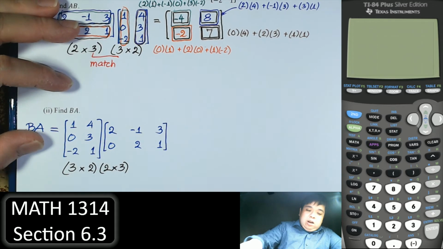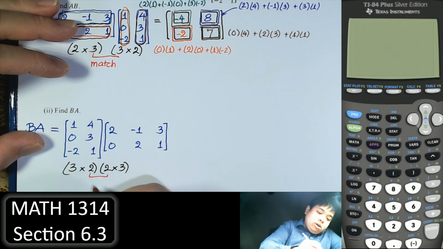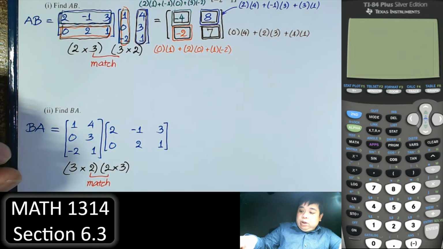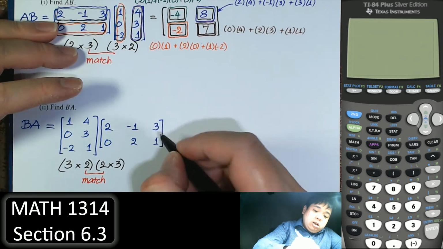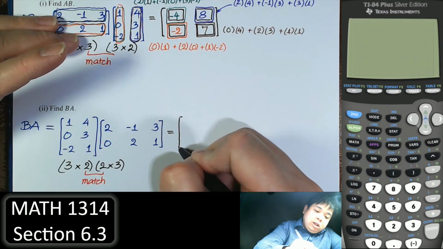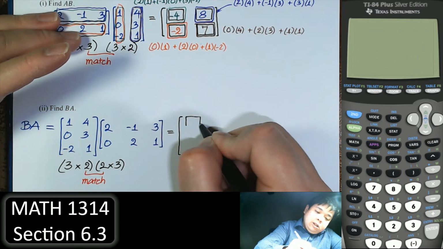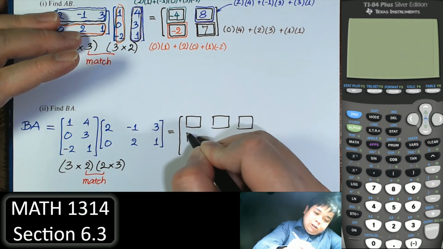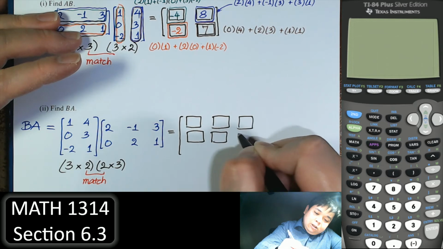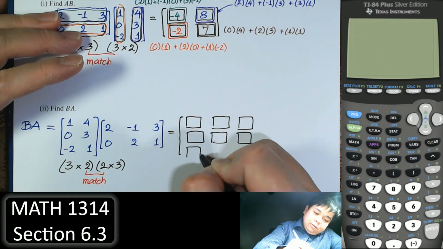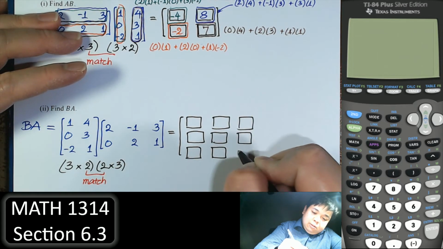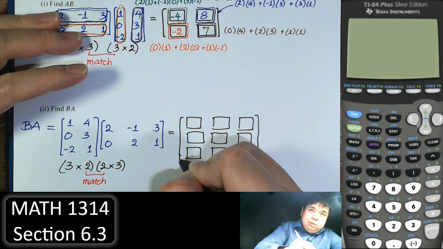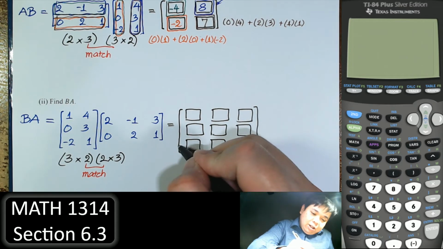The middle numbers match. The outside numbers, 3 and 3, will be the dimension of the product. So the product here is going to be 3 by 3.